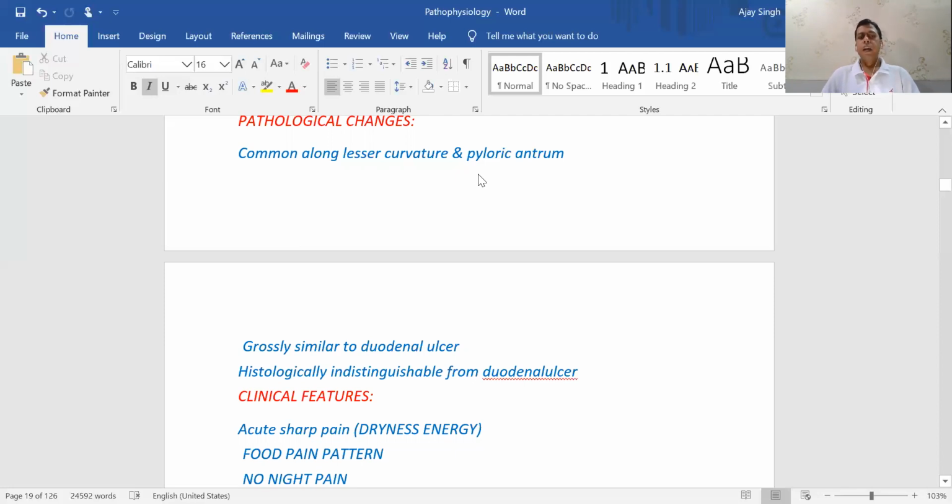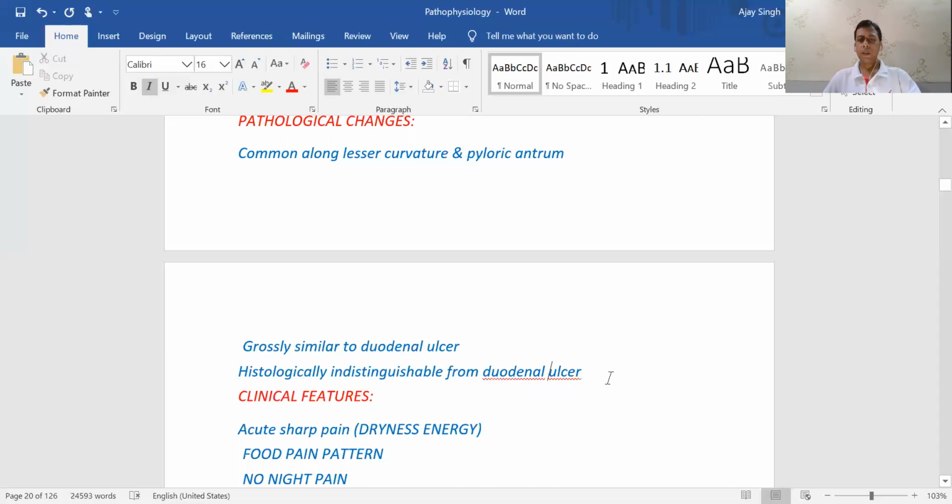The histological findings will be confirmed only through endoscopy, but we advise endoscopy later on. Generally, we can distinguish this from the symptoms also.